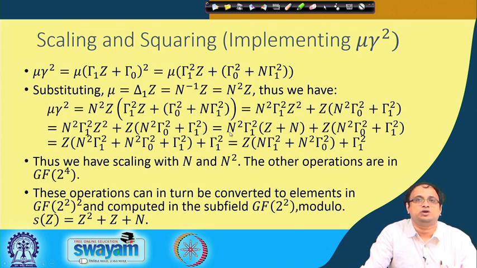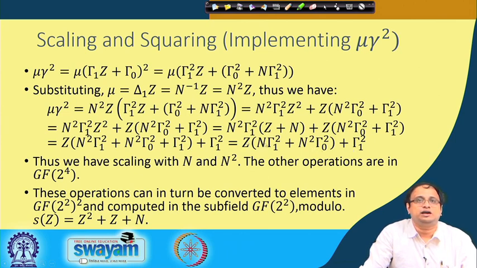So, this is equal to n squared gamma 1 squared, and now I can write z squared as z plus n. So, I replace z squared with z plus n because I am doing a modulo with z squared plus z plus n, plus z into n squared gamma 0 squared plus gamma 1 squared. So, now if I just take the coefficients of z and the constant part, then I will have z into n gamma 1 squared plus n squared gamma 0 squared plus gamma 1 squared.